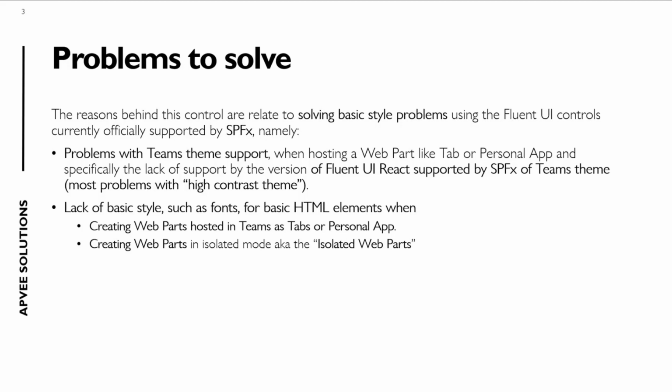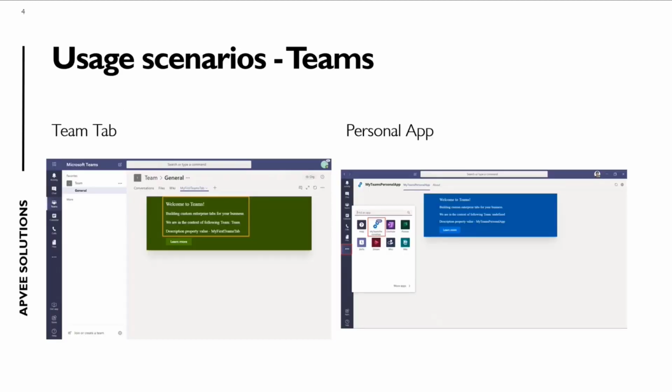For example, we have problems regarding the fonts, or basic HTML elements are not styled very well, or inside Teams, when you try to change the theme applied to the client, the biggest problem is with the high contrast theme. All the Fluent UI React controls supported by the SharePoint Framework, version 7, are not shown very well. So with this control, I want to try to resolve this problem.